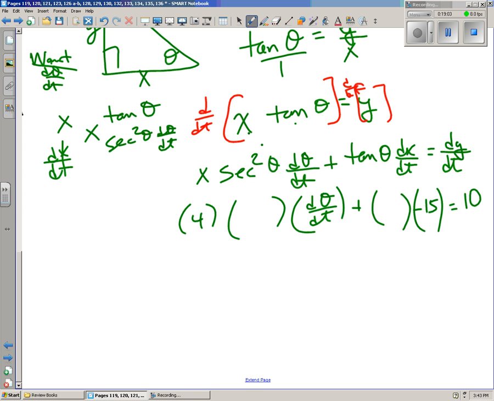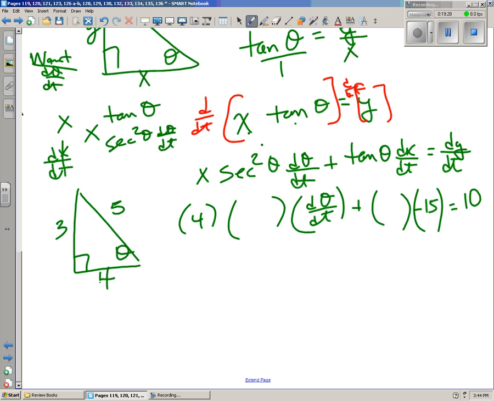Now, I need to know what secant squared of theta is, and I need to know what tan theta is. Where people get messed up here is, I don't need to know what theta is. I don't need to know the angle. I just need to know the tangent of the angle and the secant of the angle. Here's my angle. I know x at this moment in time was 4, y was 3, and therefore z was 5. Secant is the reciprocal of cosine.